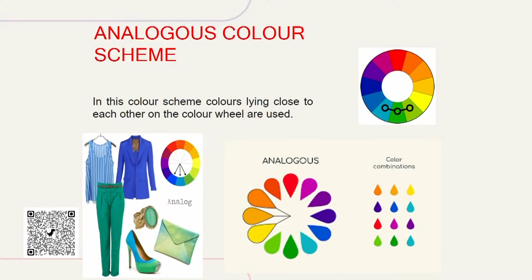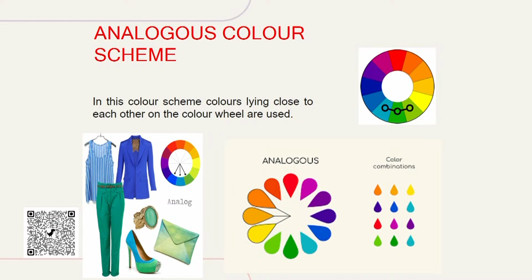In the image also these colors have been used, and you can see how blue, green and yellow green are used to create a very interesting effect. It also gives an illusion of height, because if you use colors which are related to one another, you are enhancing the length or height of the garment.